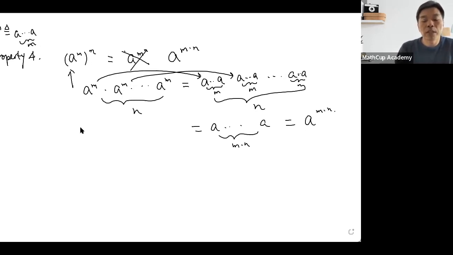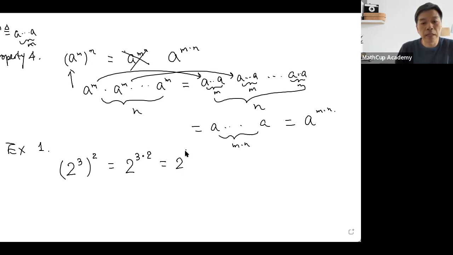So here, I want to say a few words about this property. Just look at an example. Example 1: let's look at 2 to the power 3, raised to the power 2. This is going to equal 2 to the power 3 times 2, which is 2 to the power 6, which is equal to 64.